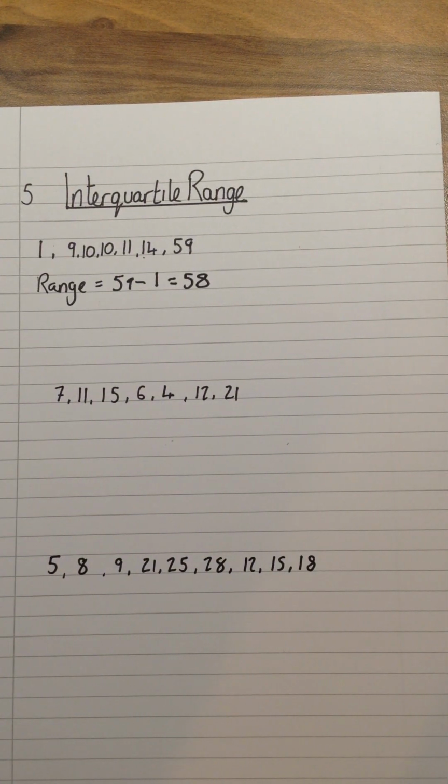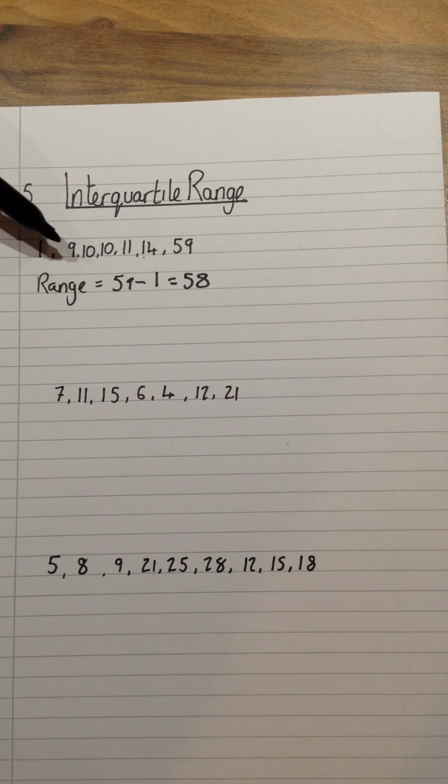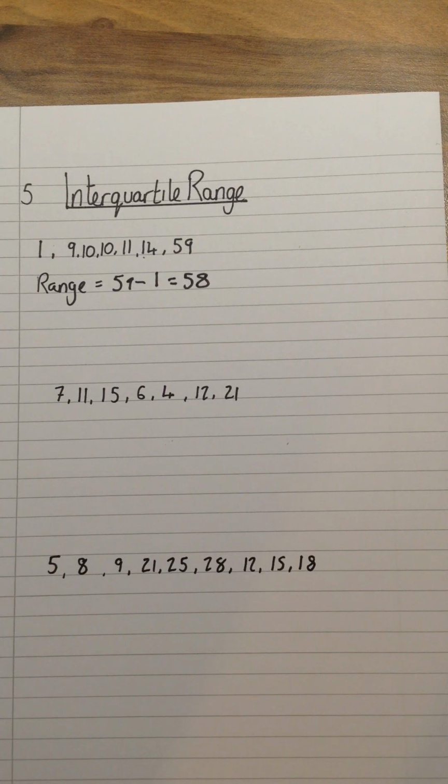The bigger the range, the more spread out the numbers are. However, if you look at the rest of the data in the centre, this is quite closely grouped together. It is just because we've got quite extreme values of 1 and 59 as the minimum and maximum that make it look a lot bigger.